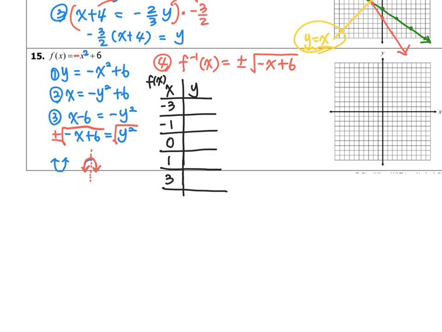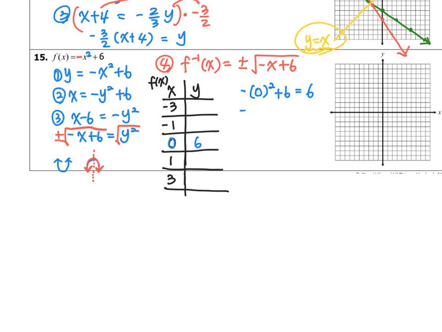So when x is 0, y will be 6. When x is -1 or +1, that will be the same result, and it will be -1 plus 6, which will be 5 on both sides.